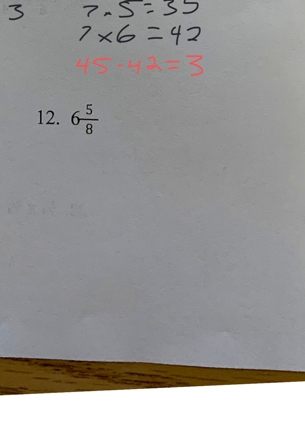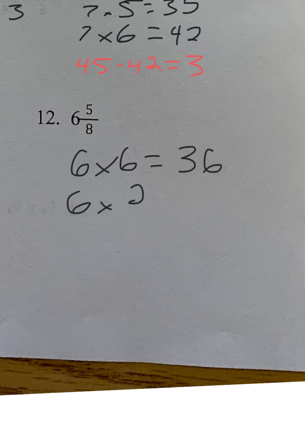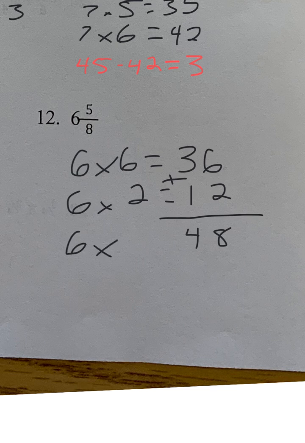I'm going to do 6 times 8. I'm going to put a little dot there. That means multiplication. 6 times 8: 6 times 6 is 36, and 6 times 2 is 12. So I'm going to add 36 and 12 together to get 48. 6 times 8 equals 48. So I know that I have 48 pieces colored in, but wait, I need to add the 5.